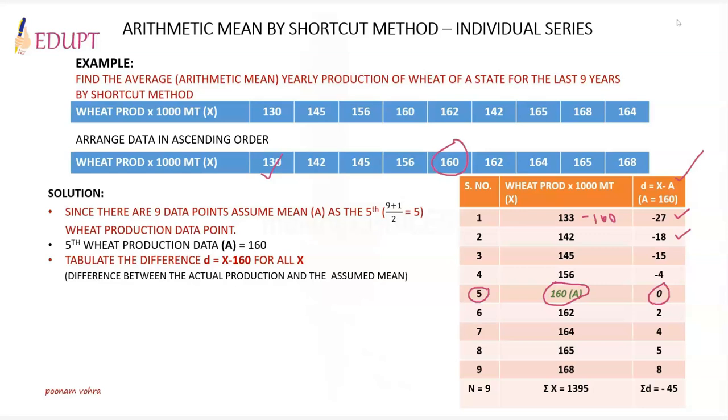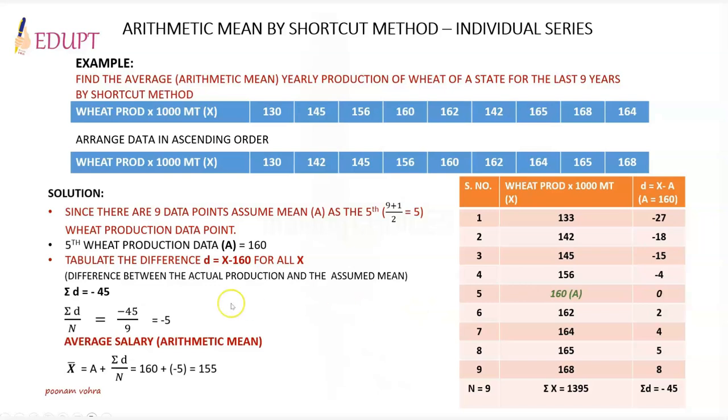Then, like in the earlier case, we need to find the summation of deviations, which is minus 45 in this case. And n is 9. So the next step would be to find sigma deviations divided by n, which is minus 5, and then arithmetic mean by applying the same formula.